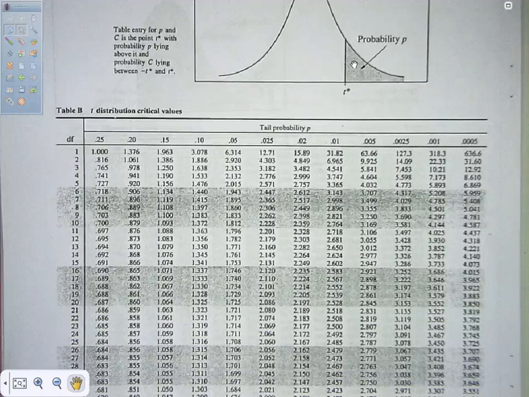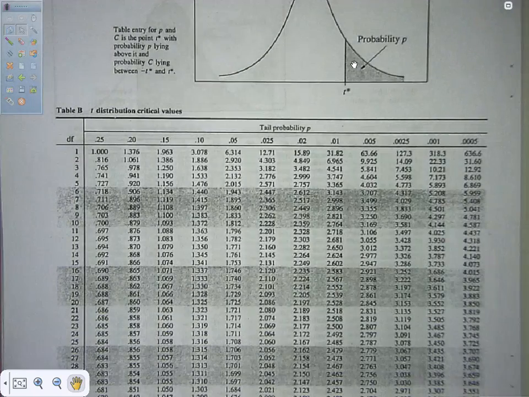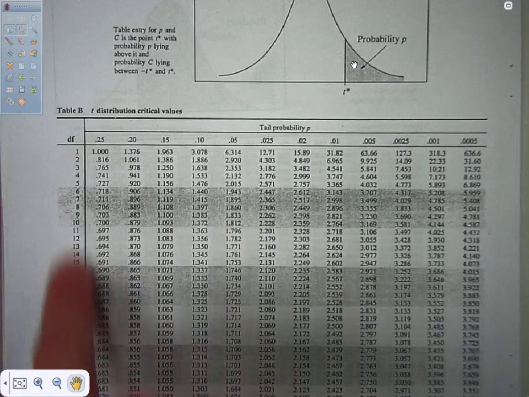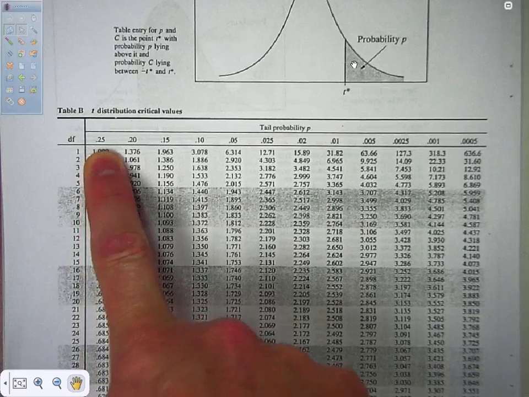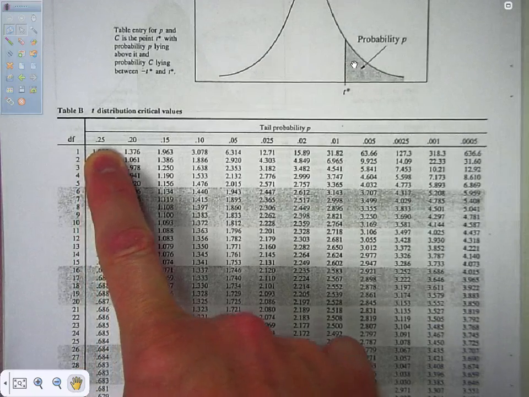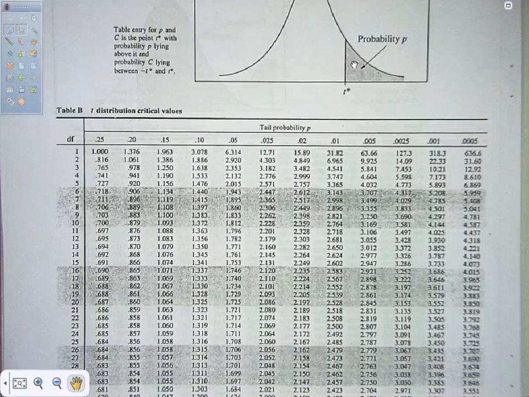This is not quite that. What this does is it cross-references your degrees of freedom, which is one less than your sample size, with just the tail probability: how much area is going to be in the tail. And this works a little bit like a normal curve, and I'll show you what I'm talking about in just a second.